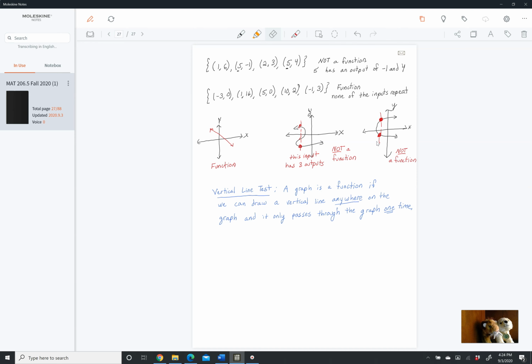Okay. So something to realize. Every single line is a function except for a vertical line, because if it's a vertical line, it's going to fail the vertical line test on that line. Okay, so every single line is a function, except a vertical line.